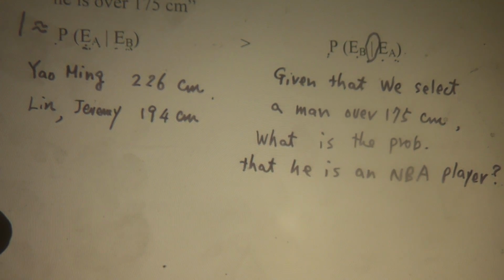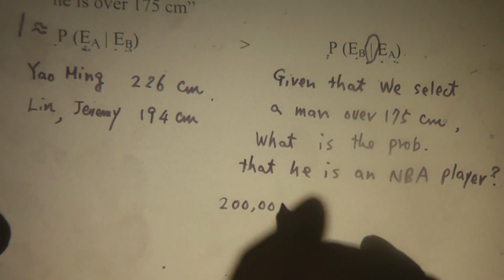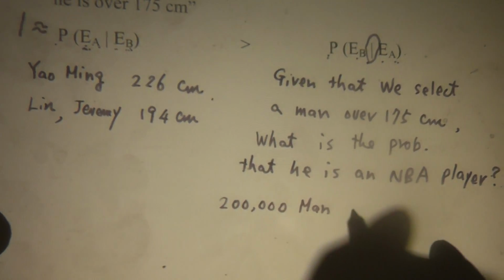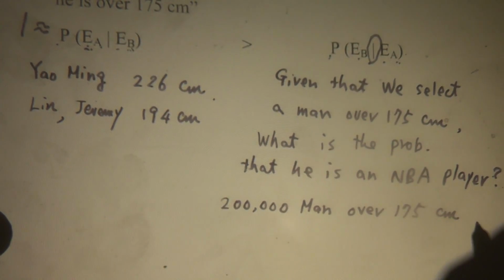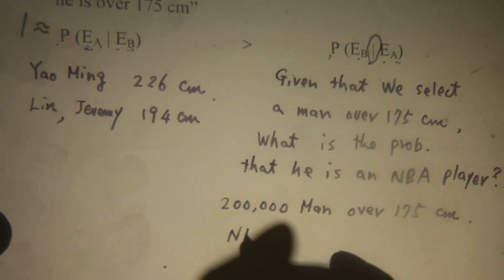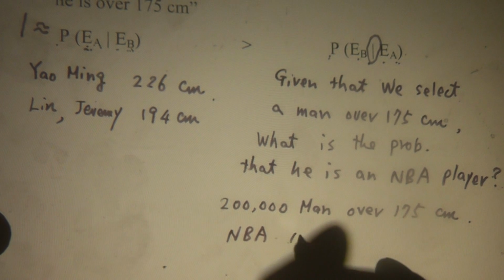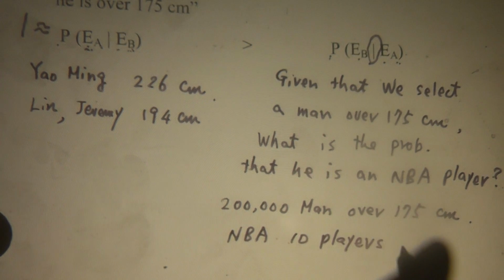And if you remove children and very old men, you probably find around 200,000 men over 175 centimeters tall. And the Chicago Bulls have only probably about 10 players.